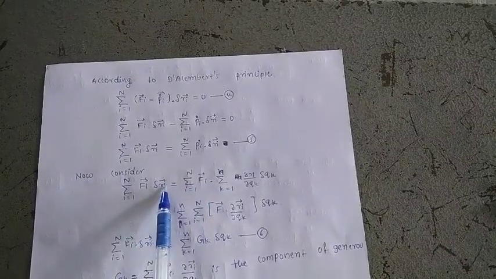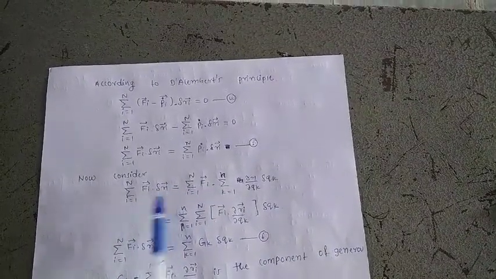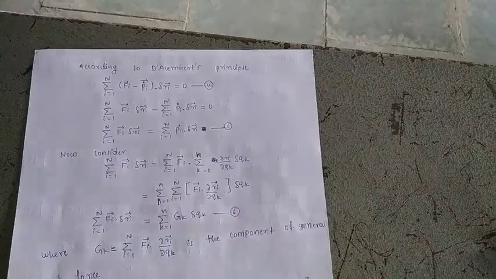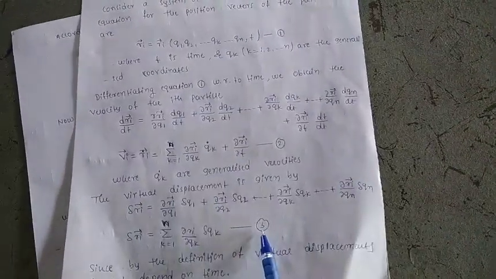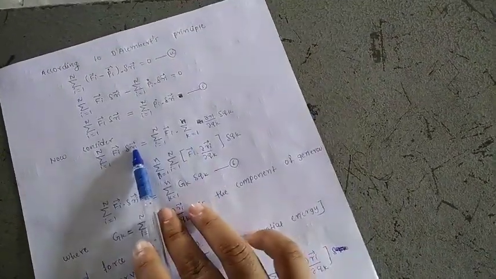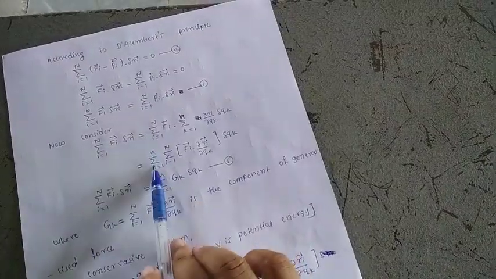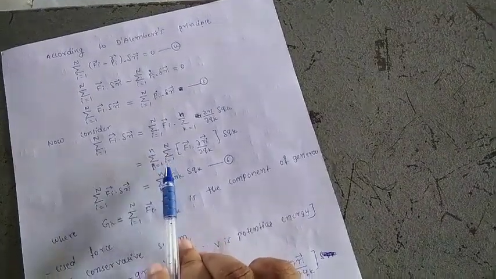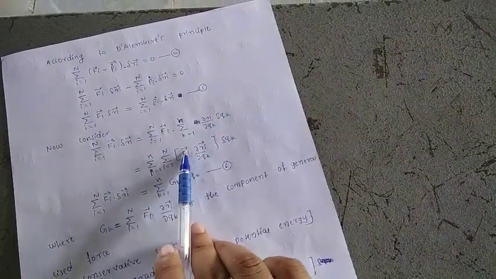We know delta Ri, the virtual displacement, is given by equation number 3. Hence we can put this value here for delta Ri, and this is written as summation over k is equal to 1 to n and summation over i is equal to 1 to n Fi as it is.